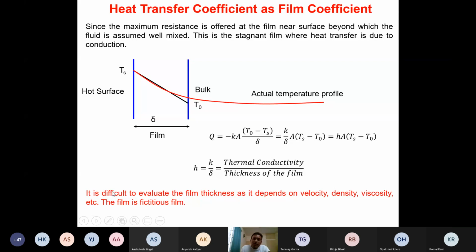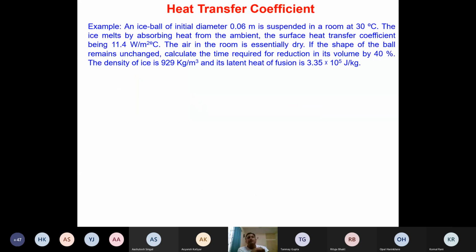Okay. So let us solve one problem based on this. This example is an ice ball of initial diameter of 0.06 meter suspended in a room at 30 degrees Celsius. The ice melts by absorbing heat from the ambient.